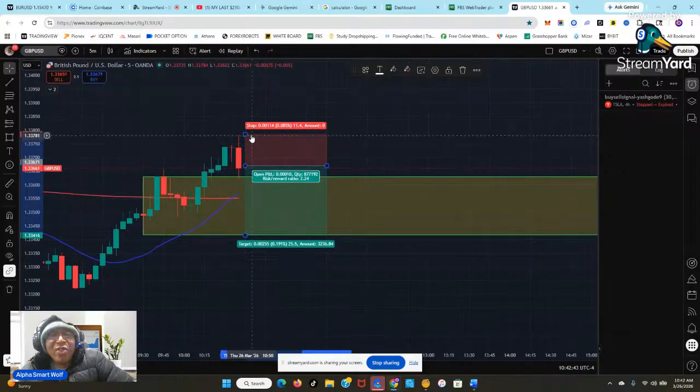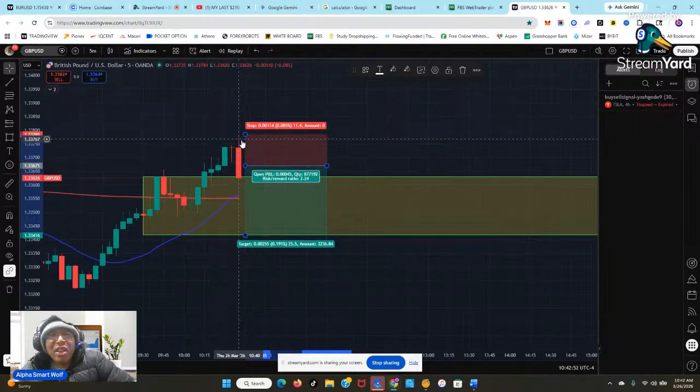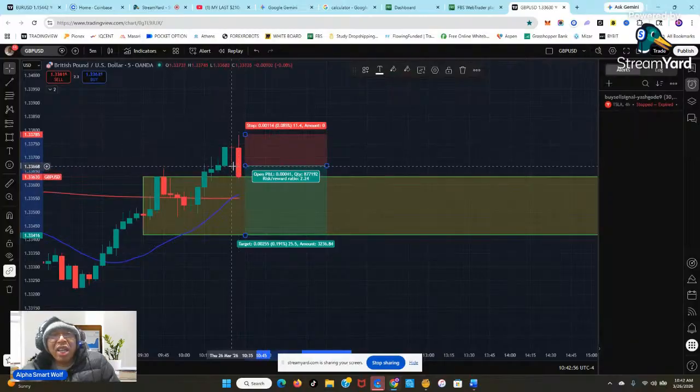But that's the sort of trade you would take if you have a clear engulfer. You're going to have your stop loss at the top of the engulfer, the bearish engulfer, and you're going to enter as soon as it clears this previous green candle, and your target profit take would be down here. Okay, this is where your target profit would be.